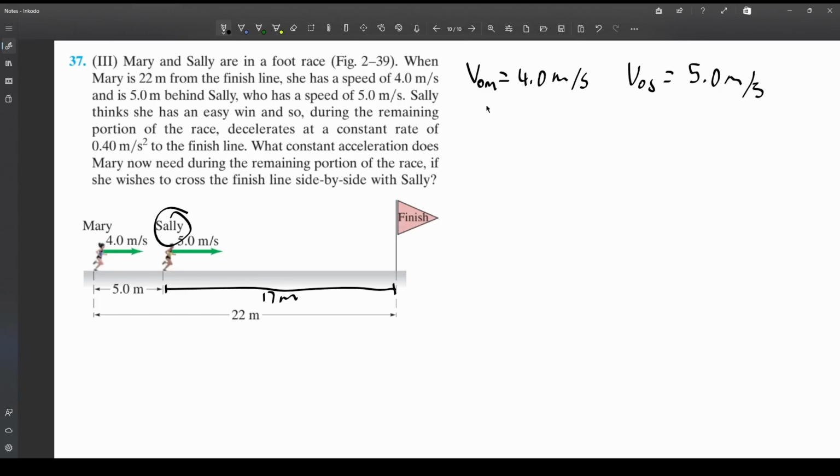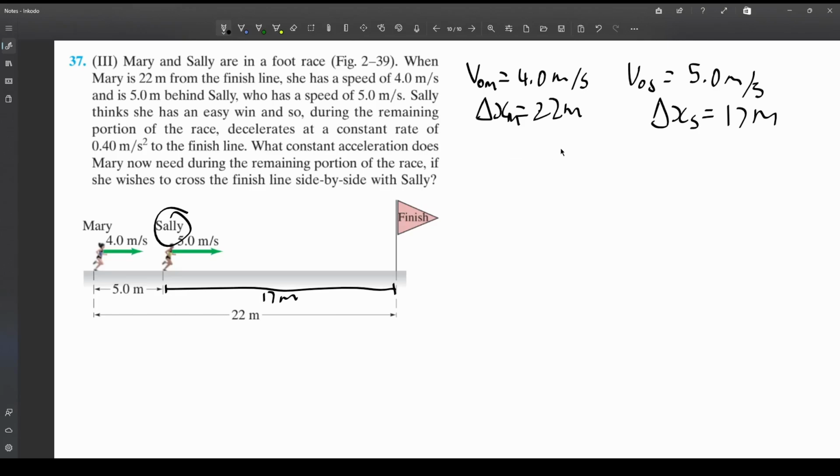We know that the distance to the finish line for Mary is 22 meters, and for Sally, it's 17 meters. That's why it's important to keep in mind what her distance is.